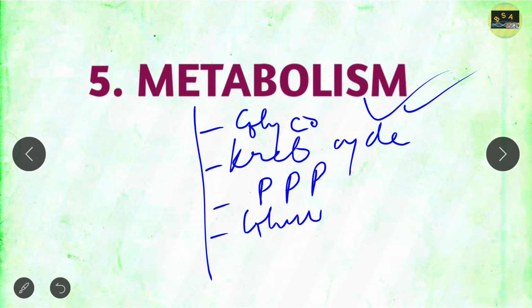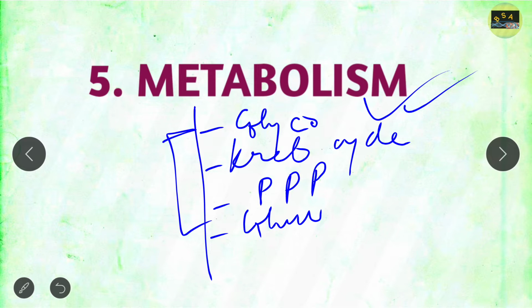You have to focus majorly on these 4 pathways: glycolysis, Krebs cycle, pentose phosphate pathway, gluconeogenesis, then glycogen metabolism and all these things. You should know all of these. And from the electron transport chain, you should know the function of cytochrome C, what it does.